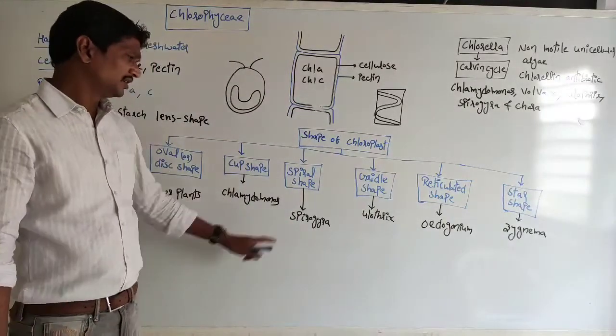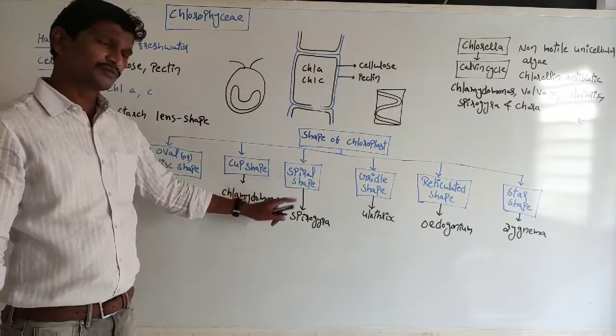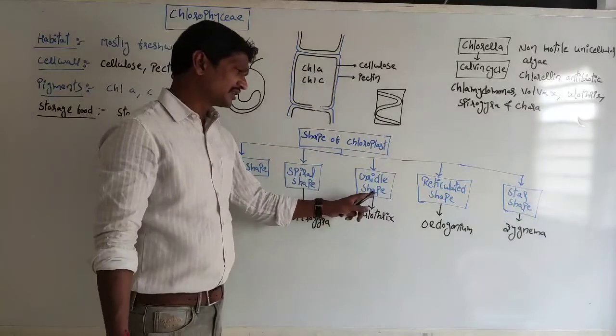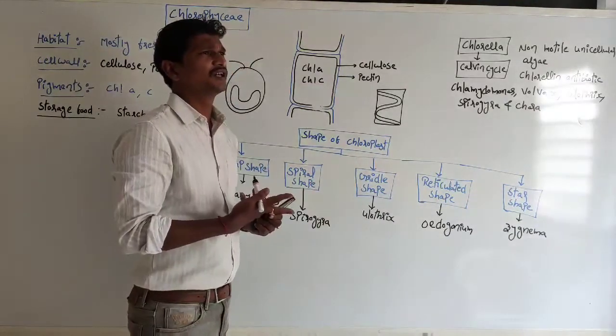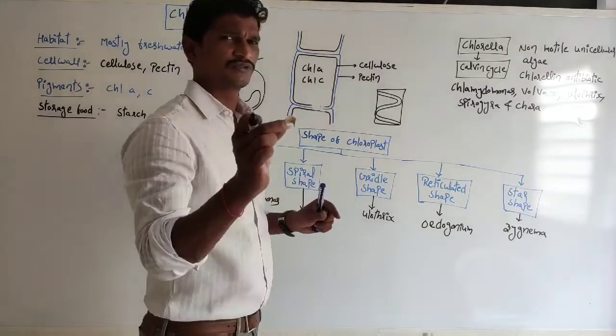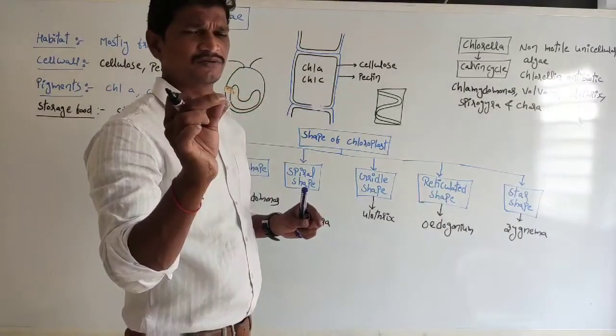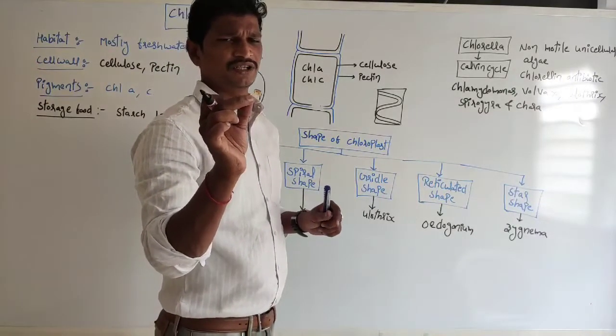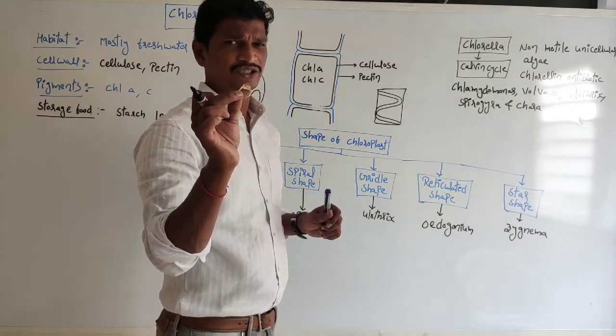That is about the spiral-shaped chloroplast. And the girdle shape: we know about ring structures, so suppose this is one ring. Some organisms have chloroplasts that exhibit a ring-shaped structure.